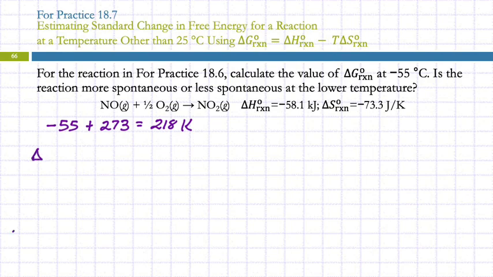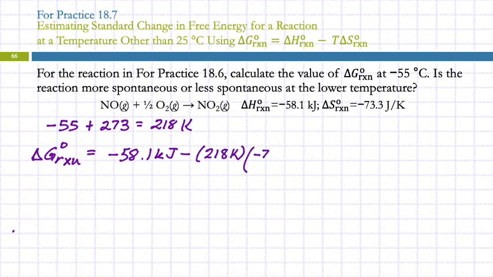So at this new temperature, if I'd actually read my own slide, I would have seen that. We've got minus 58.1 kilojoules minus the new temperature, which is 218 Kelvin, times the change in entropy.